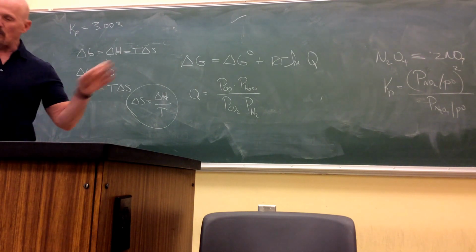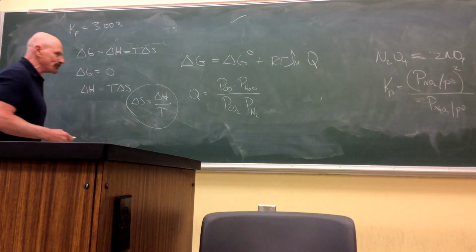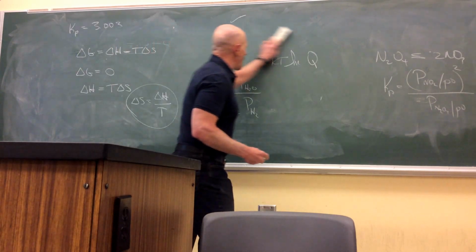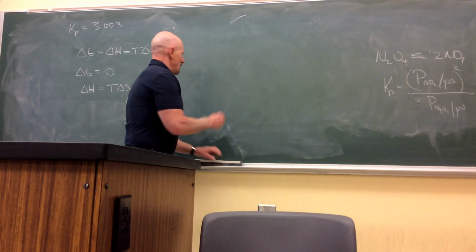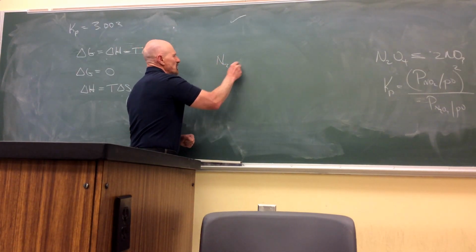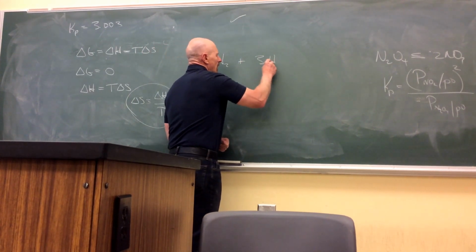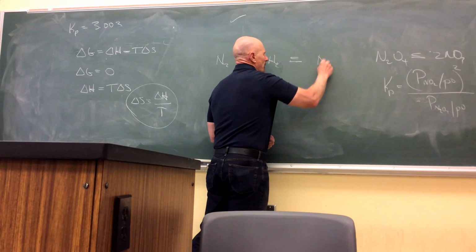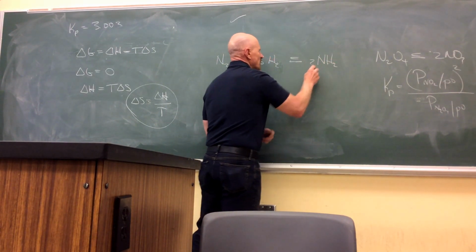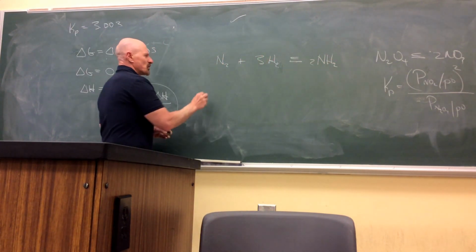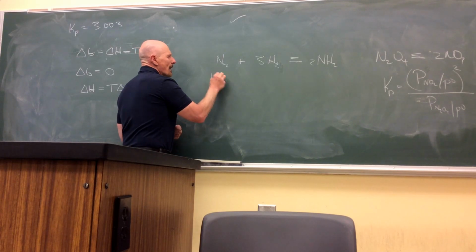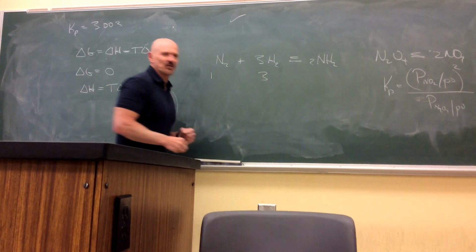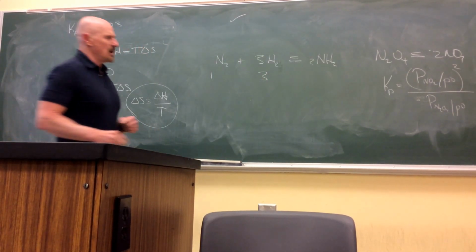Then we get to reaction 3, which is that extent of reaction problem. And we're going to do a Haber reaction, which is the famous one for producing ammonia. I'll get you started with N2 + 3H2 giving 2NH3 this way. We'll start with 1 and 3 amounts of the reactants.